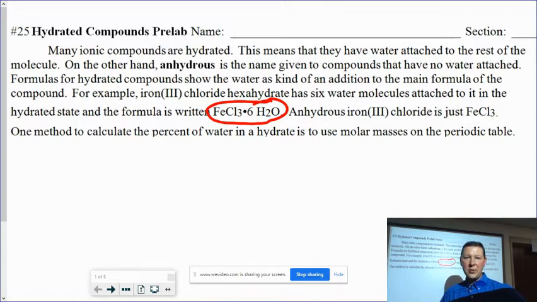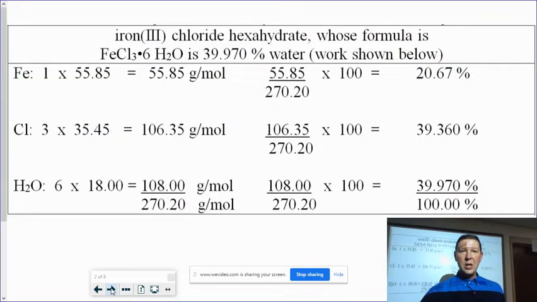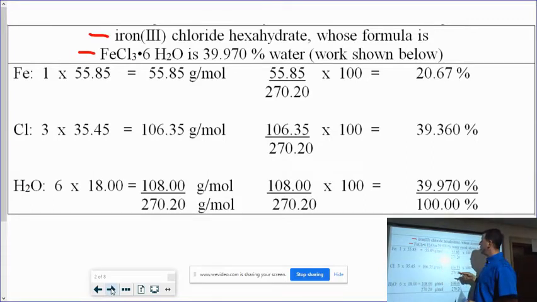One method to calculate the percent water in a hydrated compound is to use molar masses on the periodic table. So we're going to go through the work to figure out the percent water with FeCl3·6H2O. So right here we have our name, right here we have our formula, and our goal is to figure out the percent water in this compound.